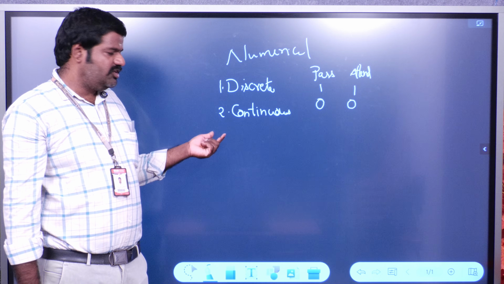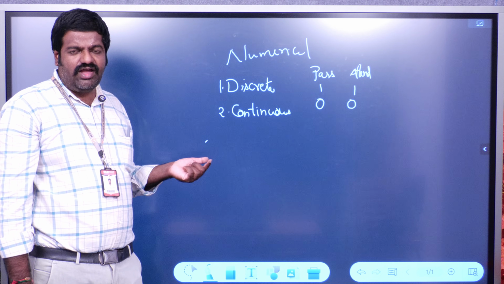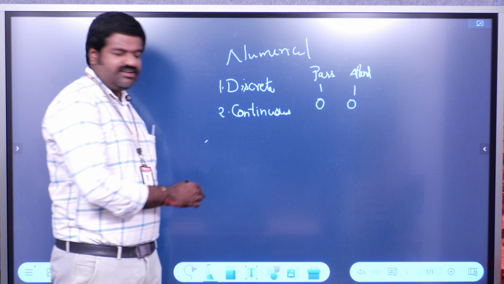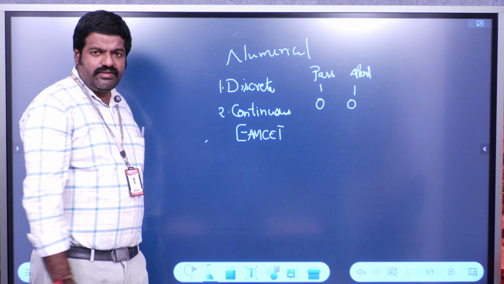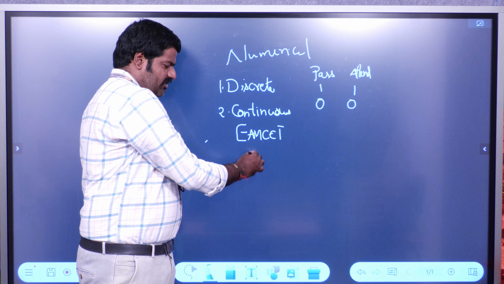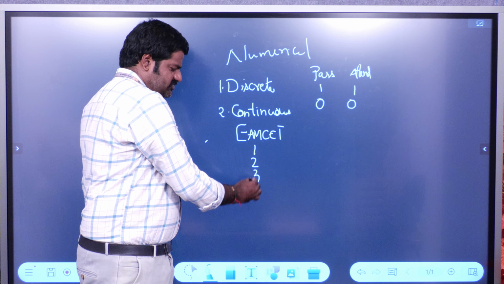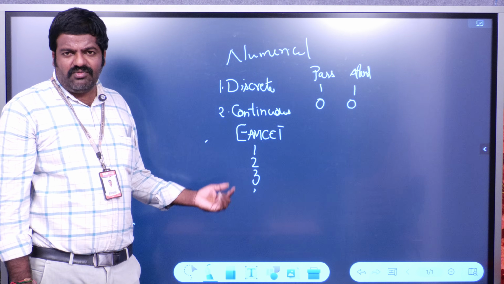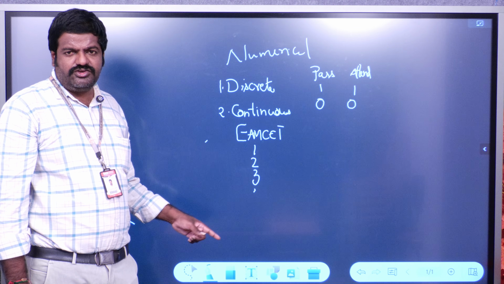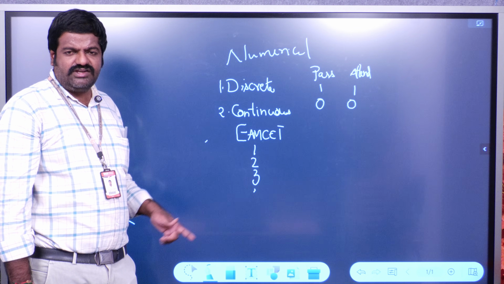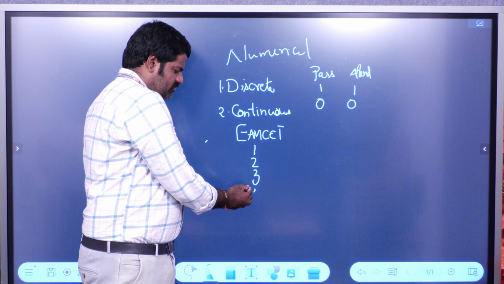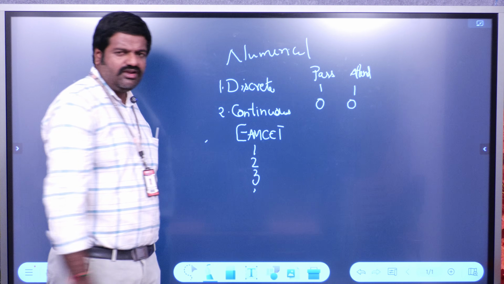Now coming to continuous data, which has continuous values. For example, MSET rank. One student might get rank 1, another student gets rank 2, 3 and so on. No repetition among the values. The values will be continuous, 1, 2, 3, 4 and so on, maybe 1,10,000 or 1,20,000.